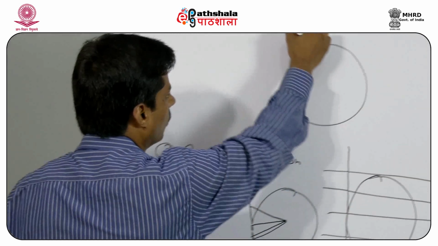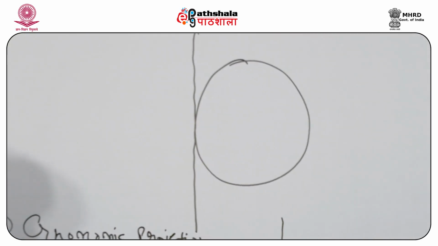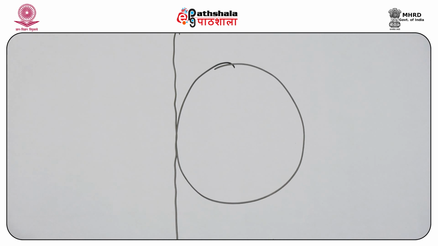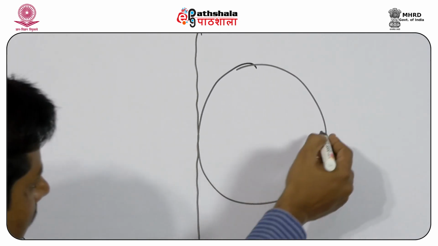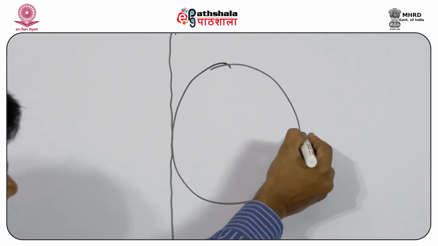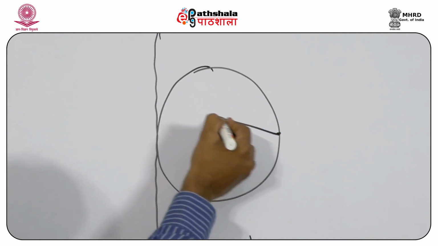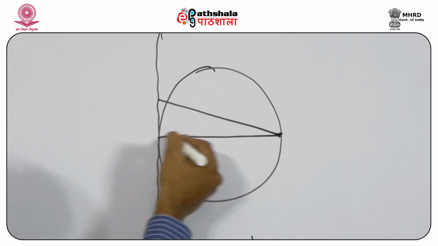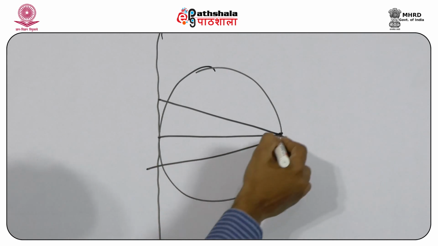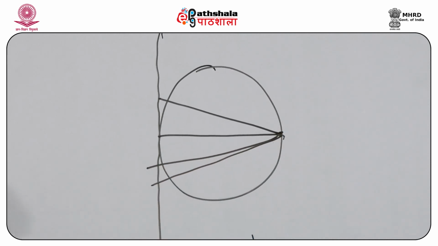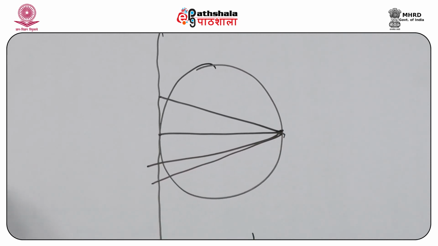Here we have the globe and this is the surface touching the globe, and this is the opposite angle, and from this opposite angle light is drawn to this, and therefore it is known as stereographic projection.